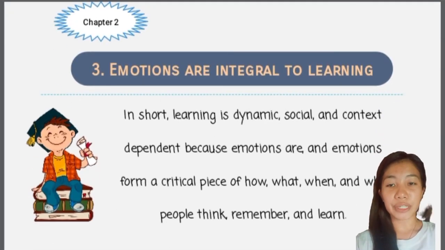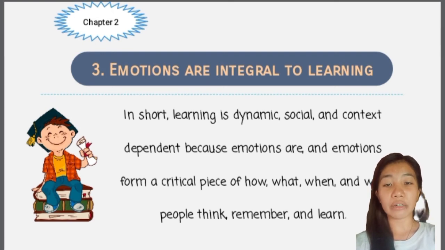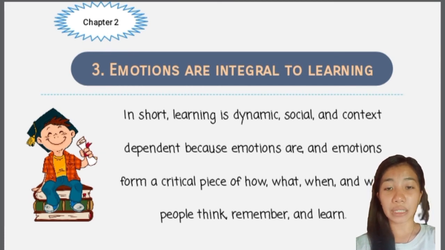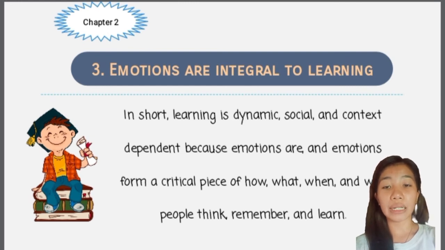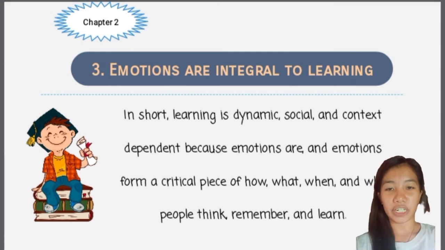The third principle of psychology in learning is that emotions are integral to learning. In short, learning is dynamic, social, and context-dependent because emotions form a critical piece of how, what, when, and why people think, remember, and learn.